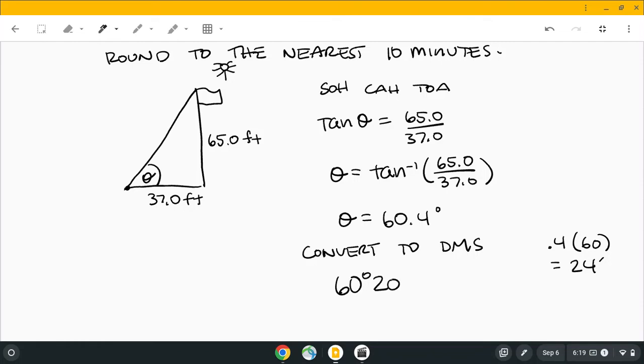So we're going to go ahead and write 20 minutes. And this here is our angle of elevation rounded to the nearest 10 minutes. If it said round to the nearest minute, well, you would just do 24. It says nearest 10 minutes. Okay. All right.